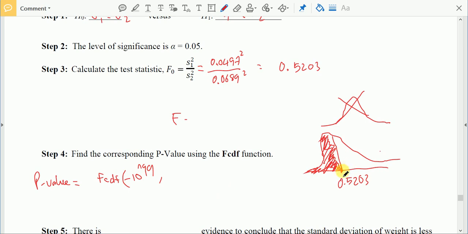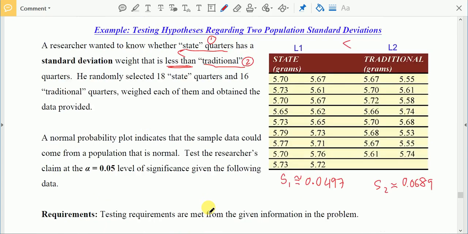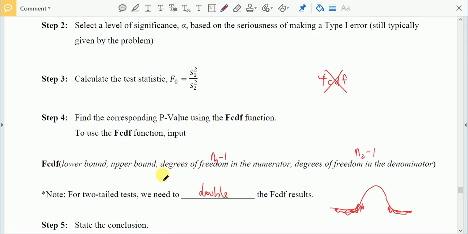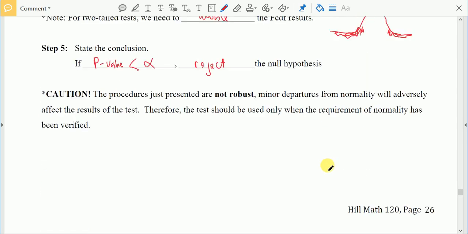The upper bound is this point, 0.5203. The next inputs are the degrees of freedom on the top and also on the bottom.